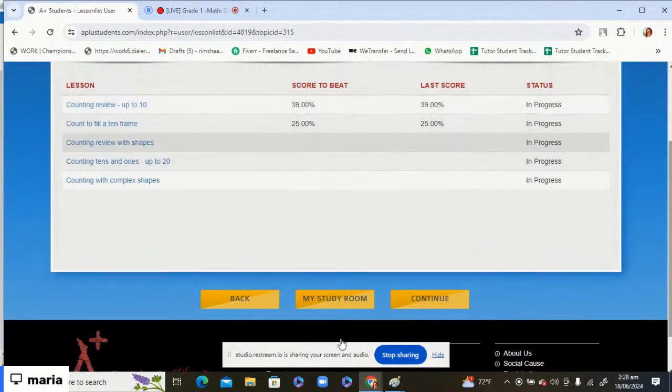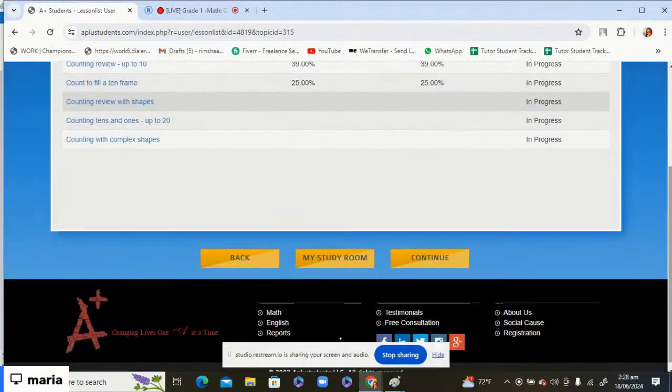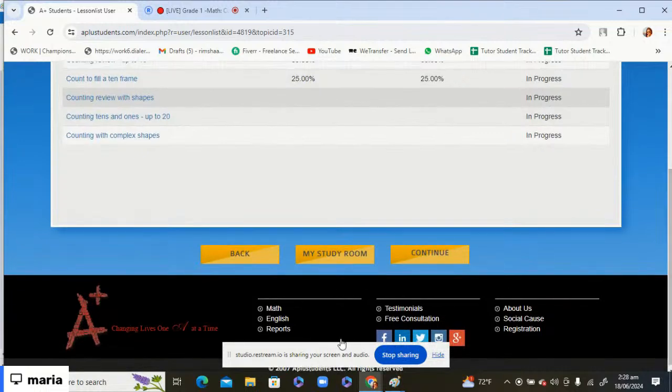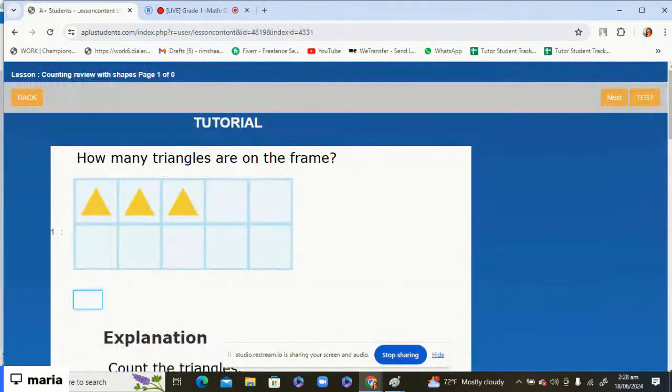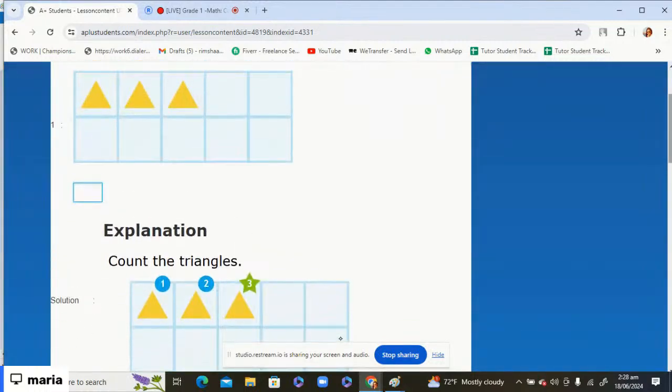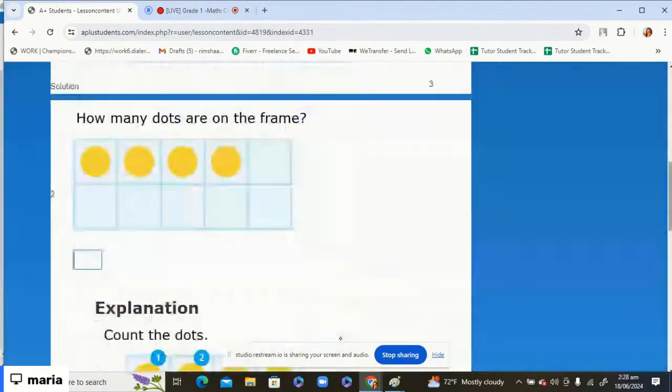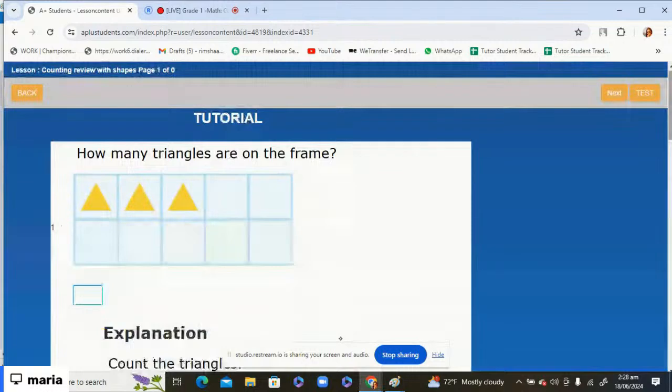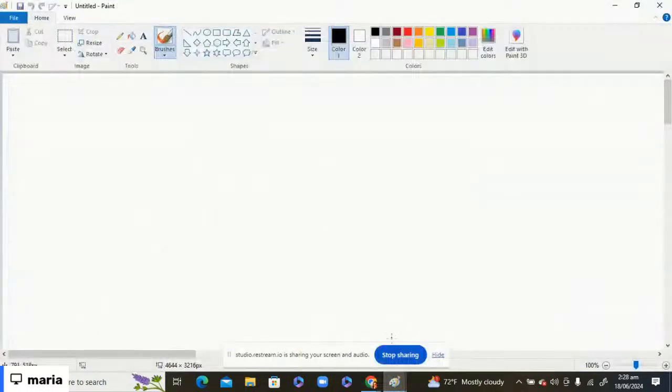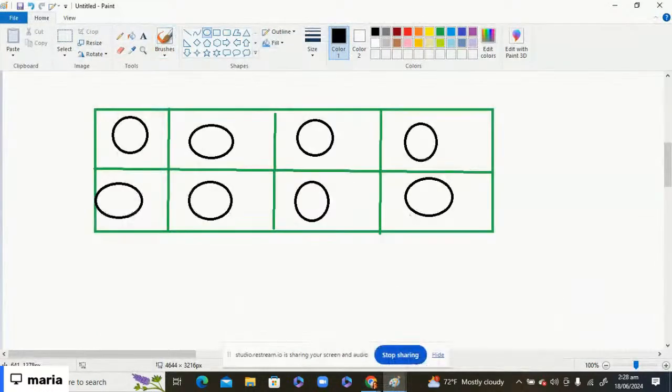Counting review with shapes. It's again the same thing. For example, here is the frame that is given, and here are the different shapes.